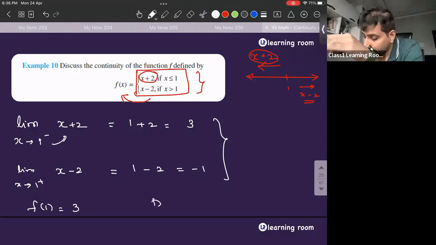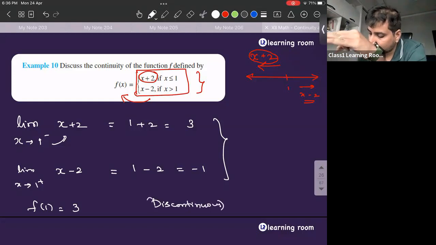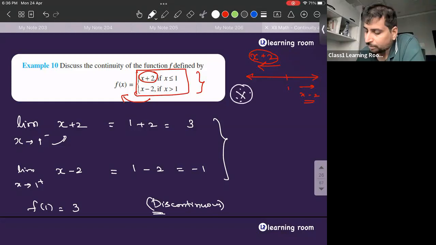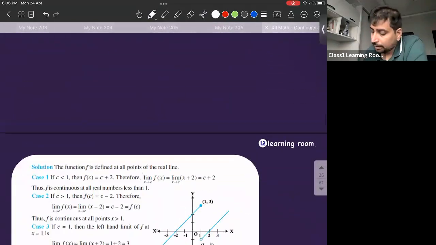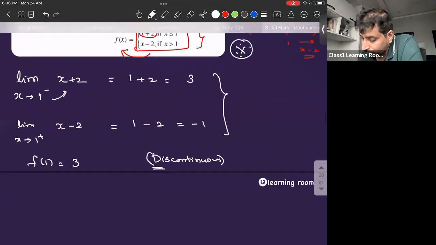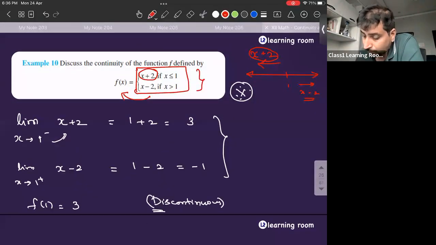Hence, it is discontinuous. I hope everybody could understand this problem. So it is a discontinuous function. Okay, make a note of this point.